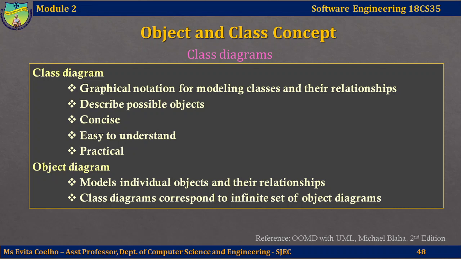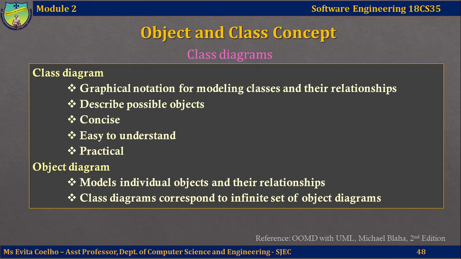An object diagram, on the other hand, shows individual objects and their relationships. Object diagrams are helpful for documenting test cases, discussing examples with the customer, and easy to understand the different objects that could be created when it comes to development of the application. A class diagram corresponds to an infinite set of object diagrams.